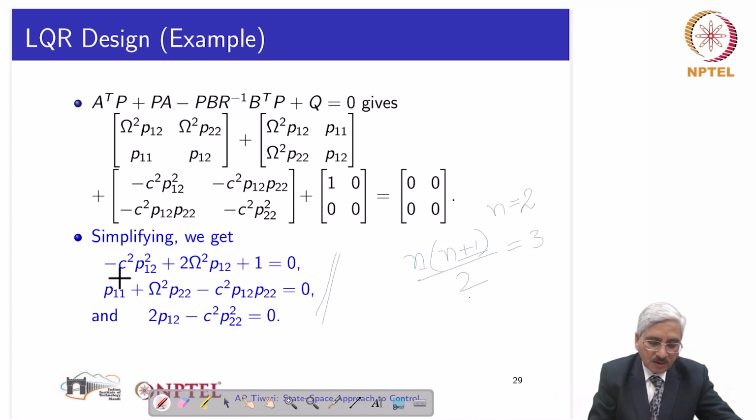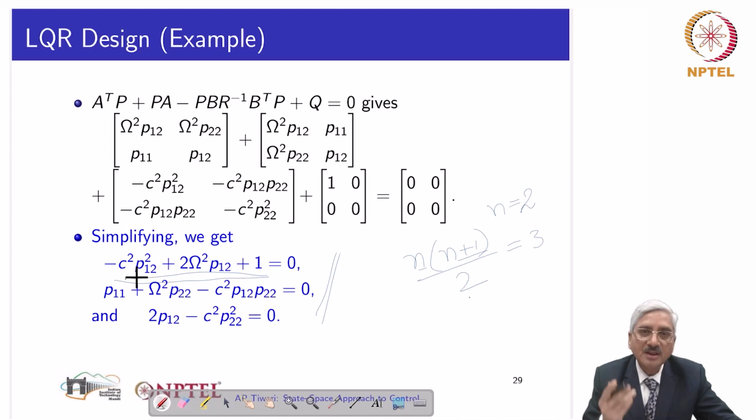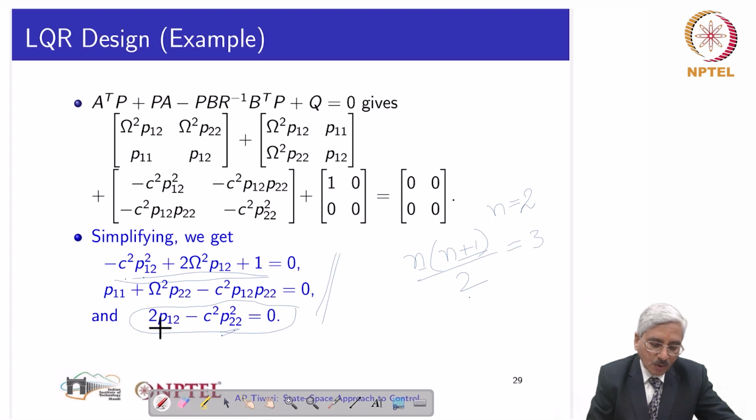Now this equation is a quadratic in P12. It will give 2 solutions, and suppose one of them comes out negative, then we cannot accept that, because this equation will give root P12, and if P12 is negative, then root P12 will be an imaginary complex number, and so P22 will be a complex number.